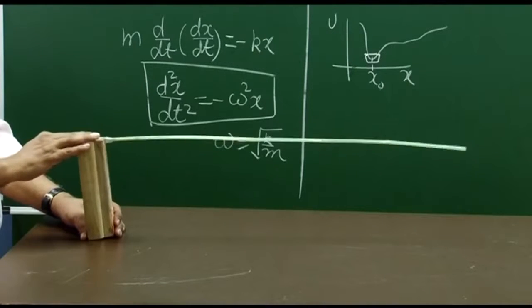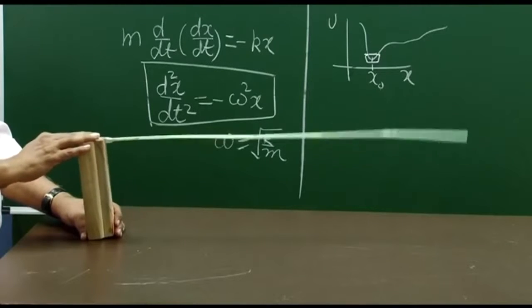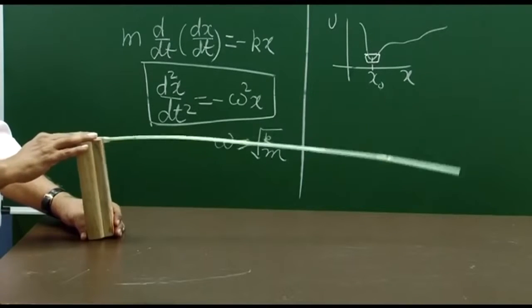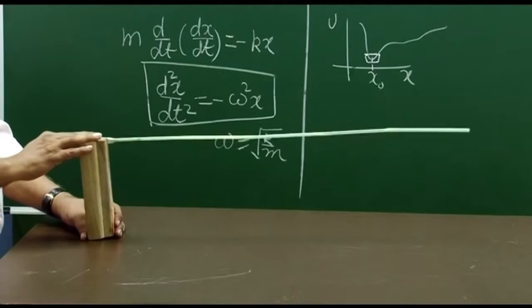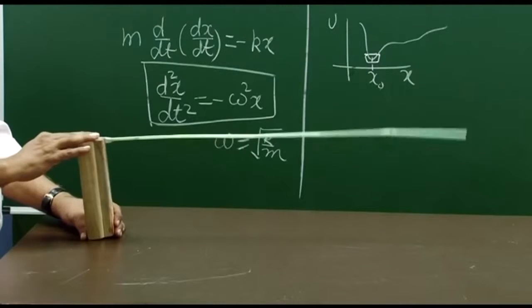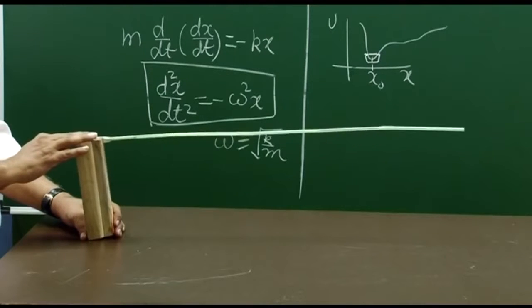If I increase my frequency, although I am moving my fingers with a much larger amplitude, the frequency is also large, and you see the amplitude of oscillation of the straw tip is much lower. And if I do it at a very low frequency, once again the amplitudes are small.